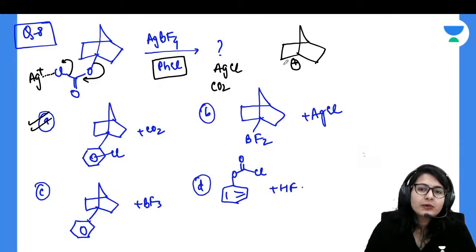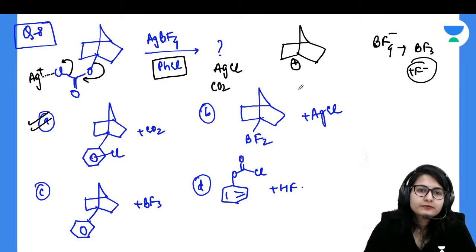And I always say that bridgehead position carbocation is not stable, right? But still we are doing a mechanism in which there is a carbocation at the bridgehead position. How is that possible? So BF4 minus can break down into BF3 molecule and a F minus. This is a source of F minus, isn't it?